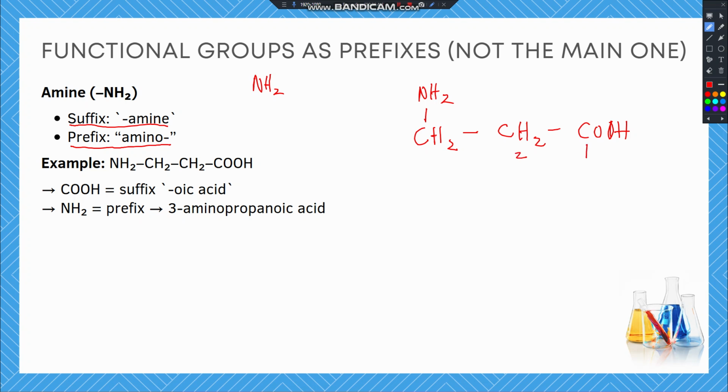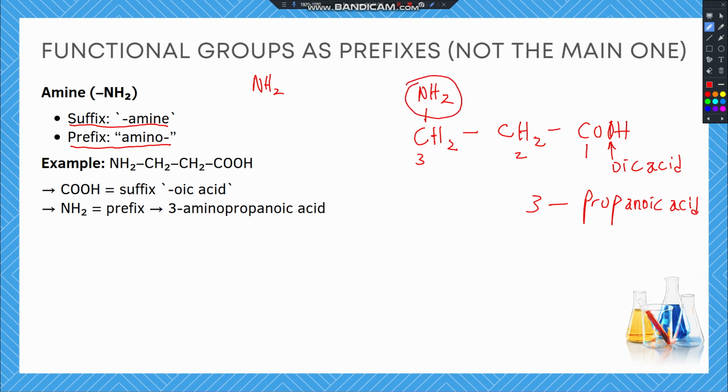So first things first, let's count the number of carbon atoms that we have. 1, 2, 3. 3 carbon atoms tells us that we have the parent name, prop. We have 2 functional groups, this one over here, which is the main functional group. So we use the suffix propanoic acid because the suffix is oic acid. All right. So now that means this guy over here will be treated as a prefix.